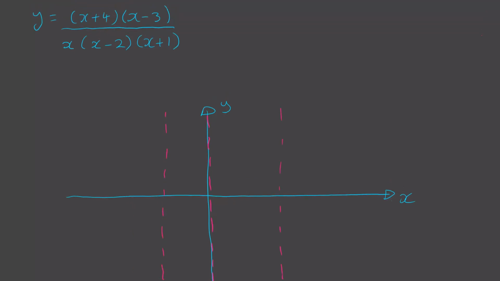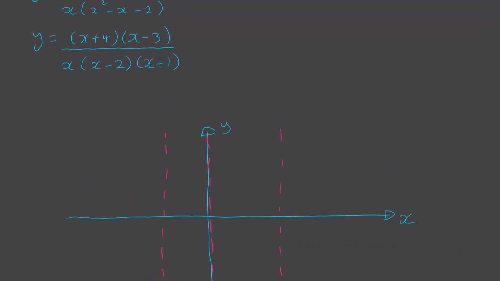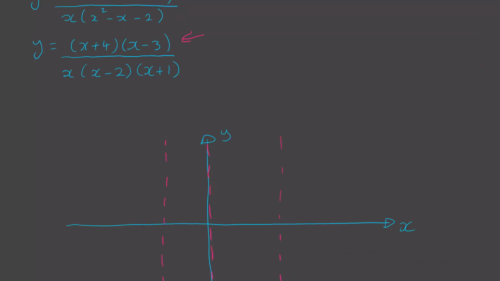If we look at the numerator, we can tell that y is 0 when x is negative 4 and when x equals 3. So that gives us those x-intercepts.